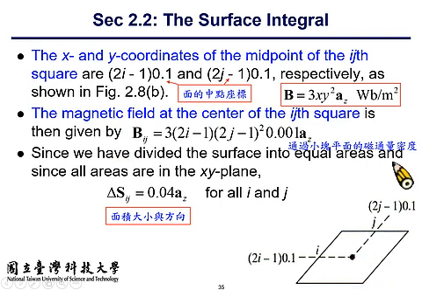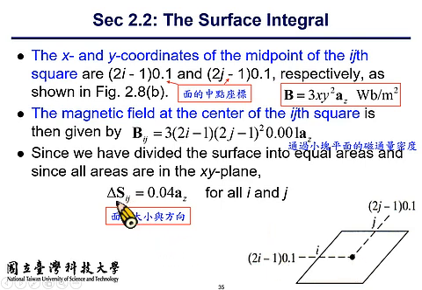So this is the expression for your magnetic flux density in a specific region, and the size of the small region is constant in this problem, which is the product of 0.2 times 0.2, which is the length and width of the region.